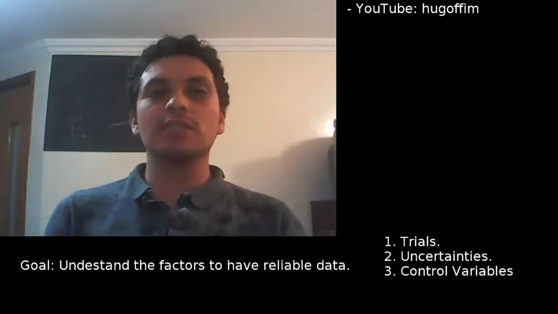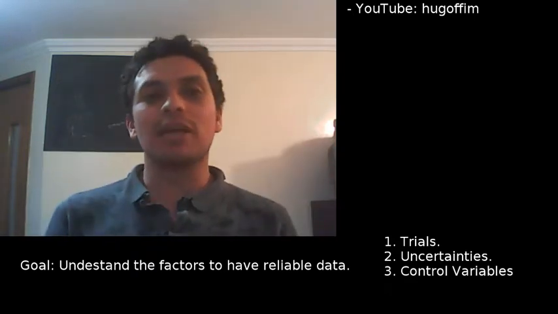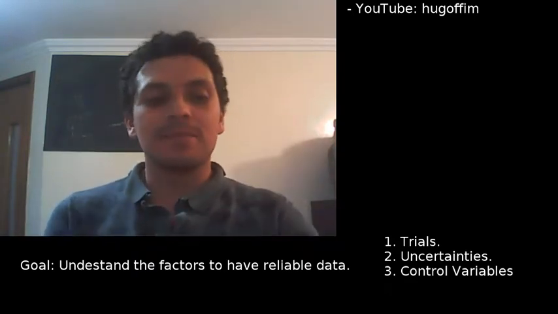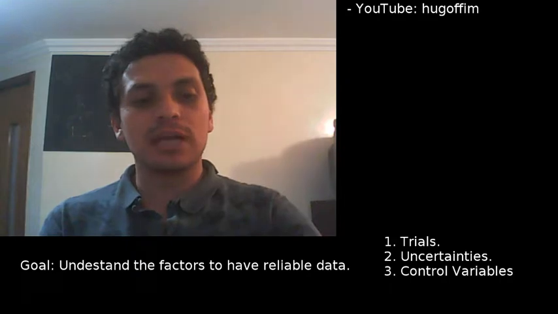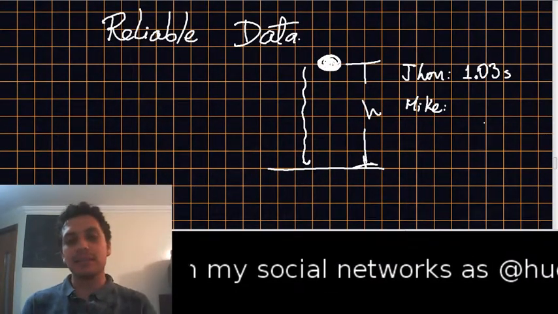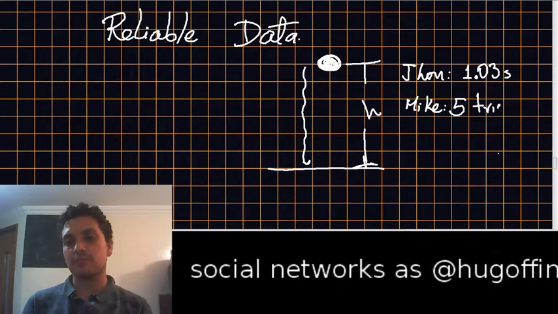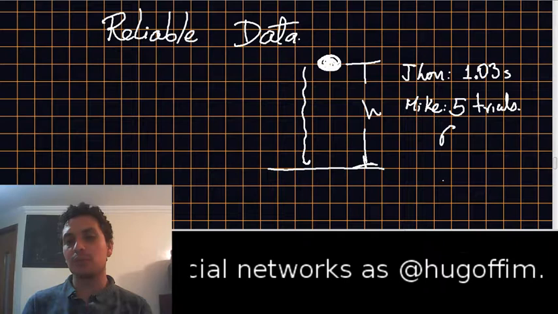So John is giving you just one answer that has many errors inside that we cannot predict. However, Mike decided to take 5 trials and take an average.